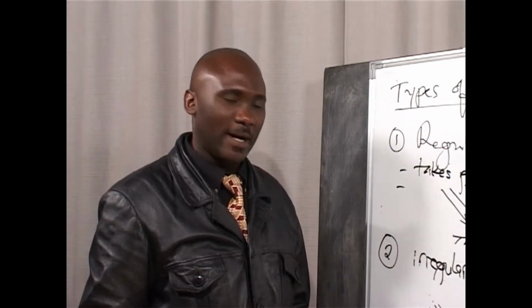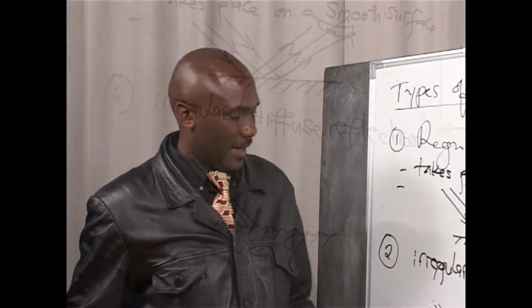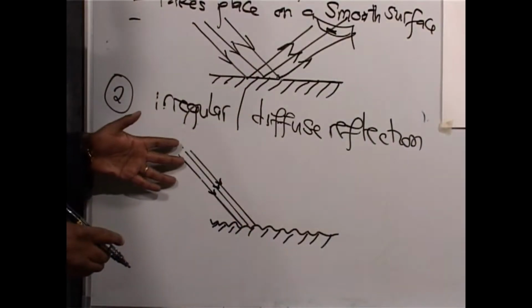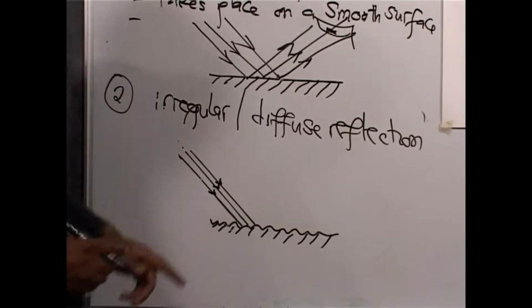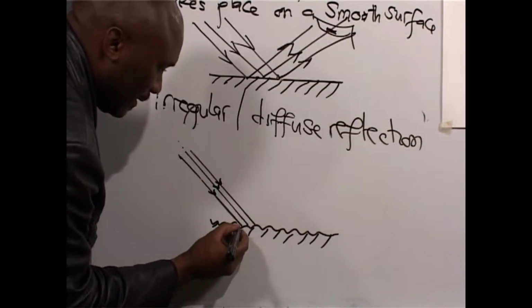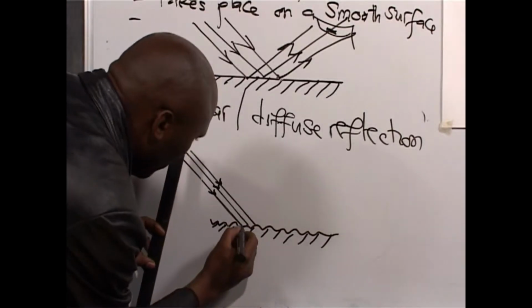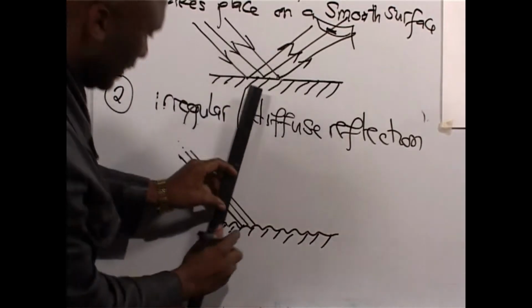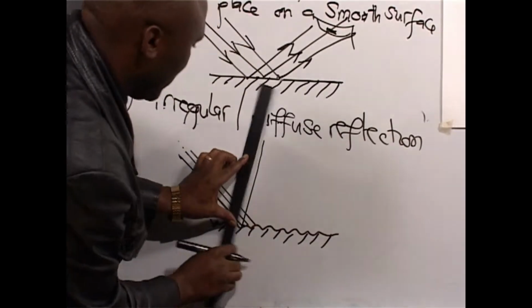Now let's look at what happens with diffuse reflection. Now imagine this is a beam of rays coming towards the rough surface. When the rays strike these surfaces, let's take for example this ray here. If this ray strikes here, it bounces in that direction.